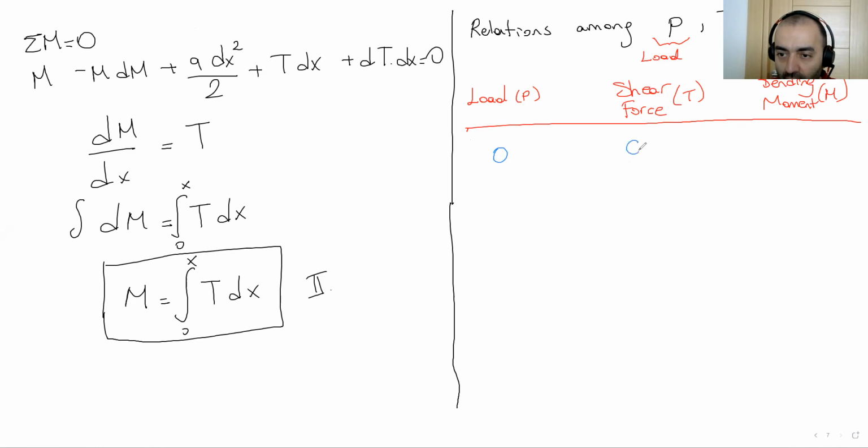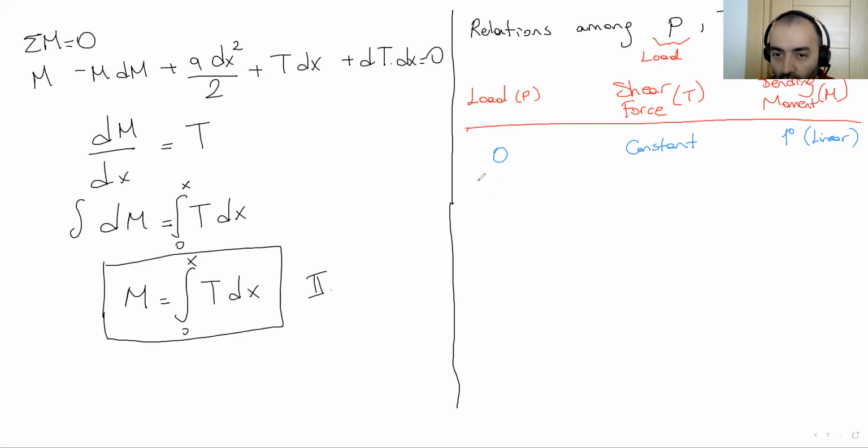It's constant. And the bending moment will be a first degree curve, which means linear.